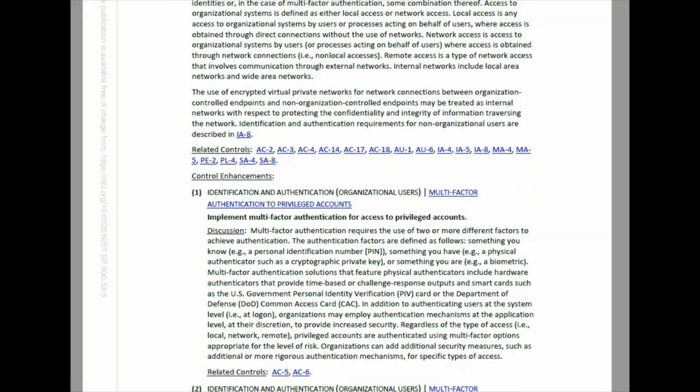They could do more things. They have access or permissions to do more things on that network. So you want to make sure that those accounts are protected with multi-factor authentication so that if the bad guy lays hold of one factor, they don't have the other factor and they can't access that account.